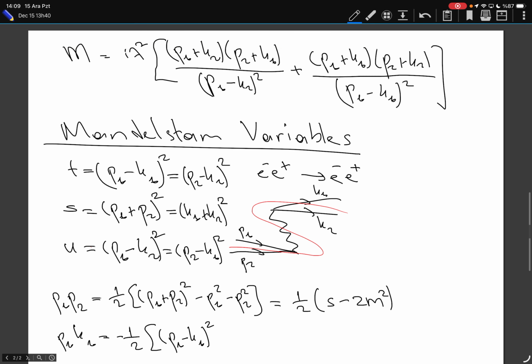Of course, there are additional terms. I have minus P1 squared minus K1 squared. Again, P1 squared and K1 squared are both M squared, so this is minus 1 over 2 of T minus 2M squared. And then I have P2 K2.